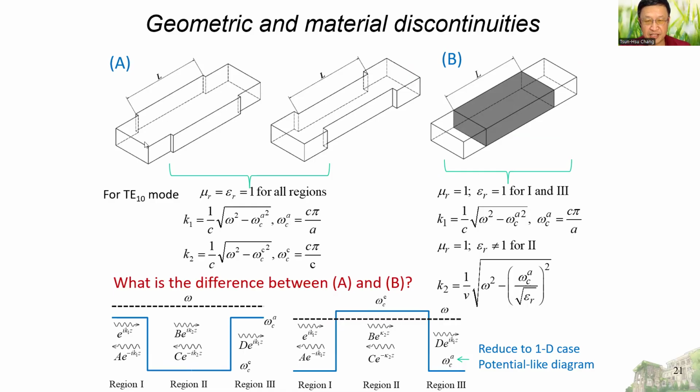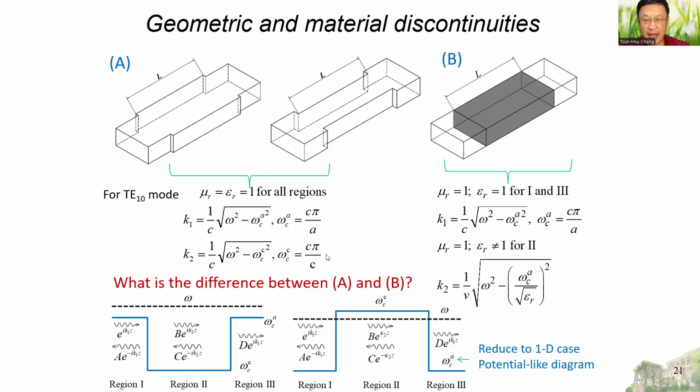We have a waveguide system, a three-section waveguide. The first is the TE10 mode, fundamental mode, epsilon R and mu R equal 1 for all regions. These three regions. And so K1 in these regions is shown here.